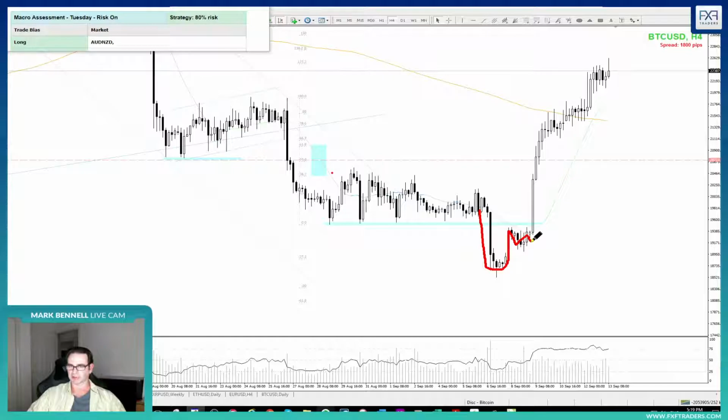I said this kind of smells of a V reversal cradle. That's exactly what it did. The strength in this I didn't like, so I expected some weakness here and then a drop. The importance of waiting for a proper setup. Had I got that and broken through the low there, 20 down, that would have been okay.